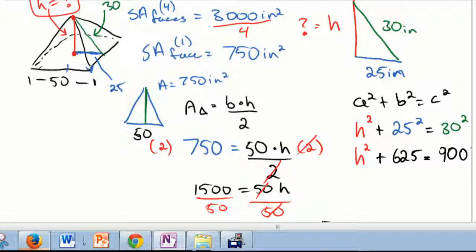I'm going to subtract 625 from both sides to end up with h squared by itself. 900 minus 625 is going to be 275.